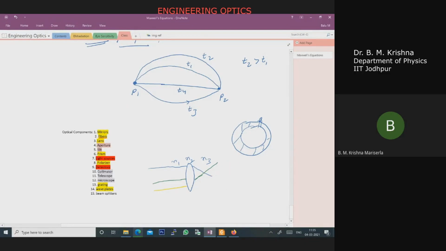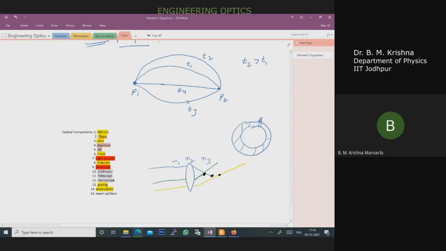As you see, different wavelengths have different focal positions. This is one focus position, this is another, and this is another.